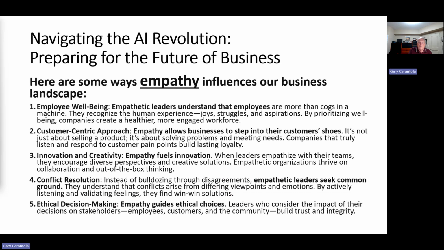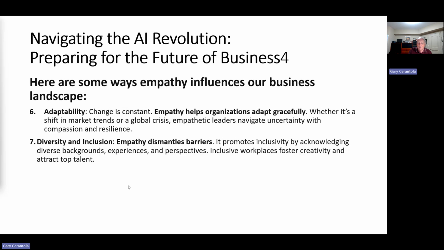So here are some ways empathy influences our business landscape: employee well-being, customer-centric approach, innovation and creativity, conflict resolution, ethical decision-making. So that's a key piece: adaptability and diversity and inclusion. And these things are still important regardless of there being a lot of populist government movement around looking at diversity and inclusion now, saying that it's gone too far.